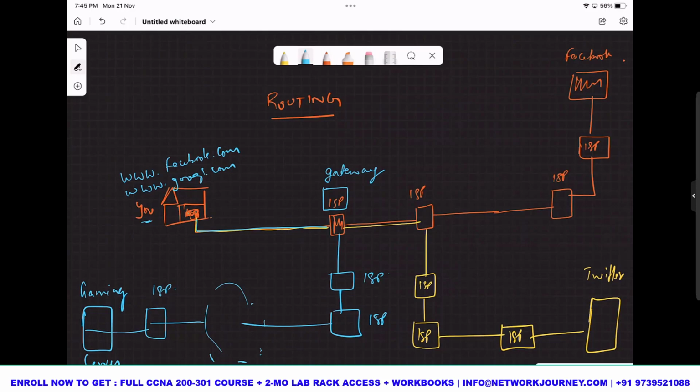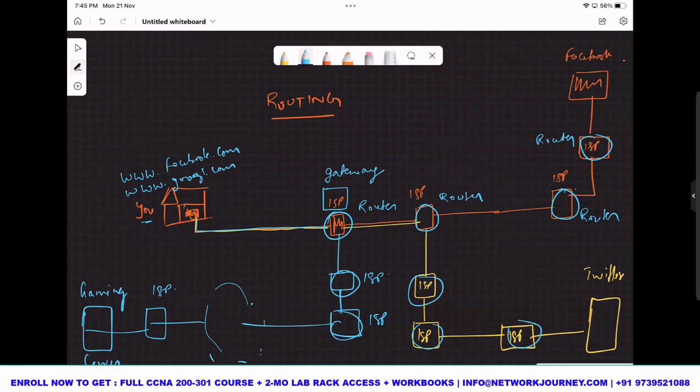Okay. So let's take that these are routers, the networking component routers. Wherever you see the ISP mark, they are routers.